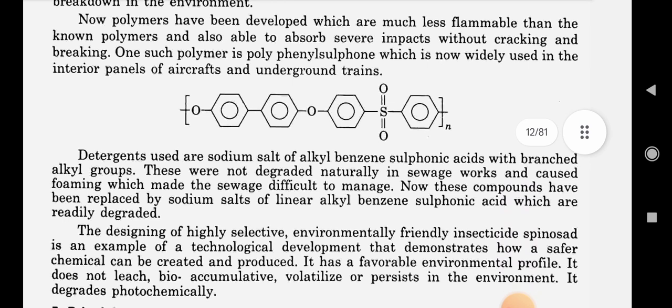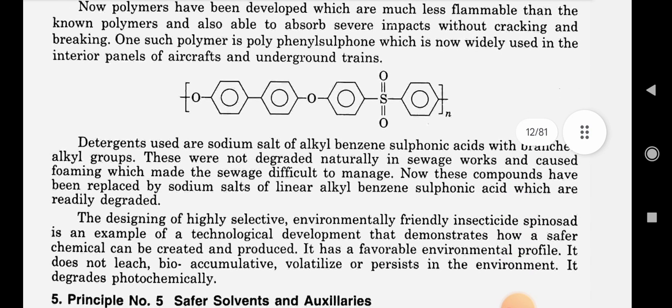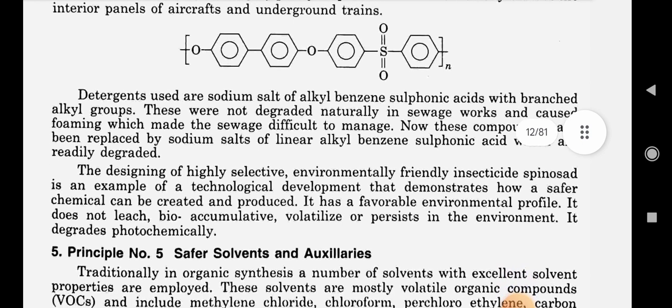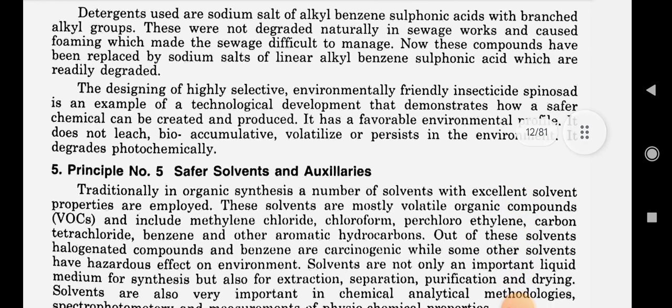One such polymer is polyphenyl sulfone, which is now widely used in the interior panels of aircraft and underground trains. Detergents used were sodium salts of alkyl benzene sulfonic acid with branched alkyl groups.